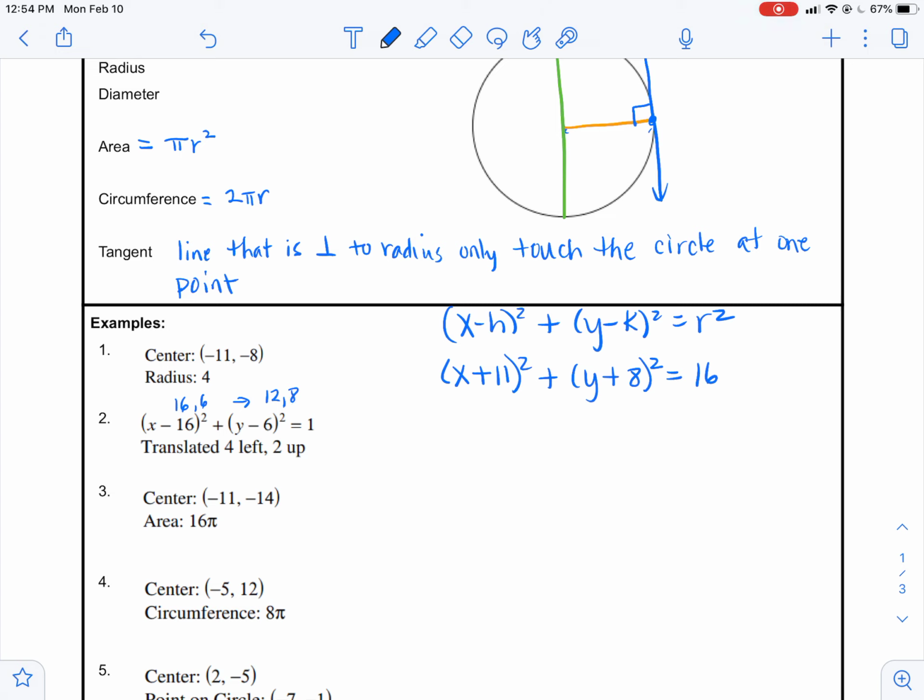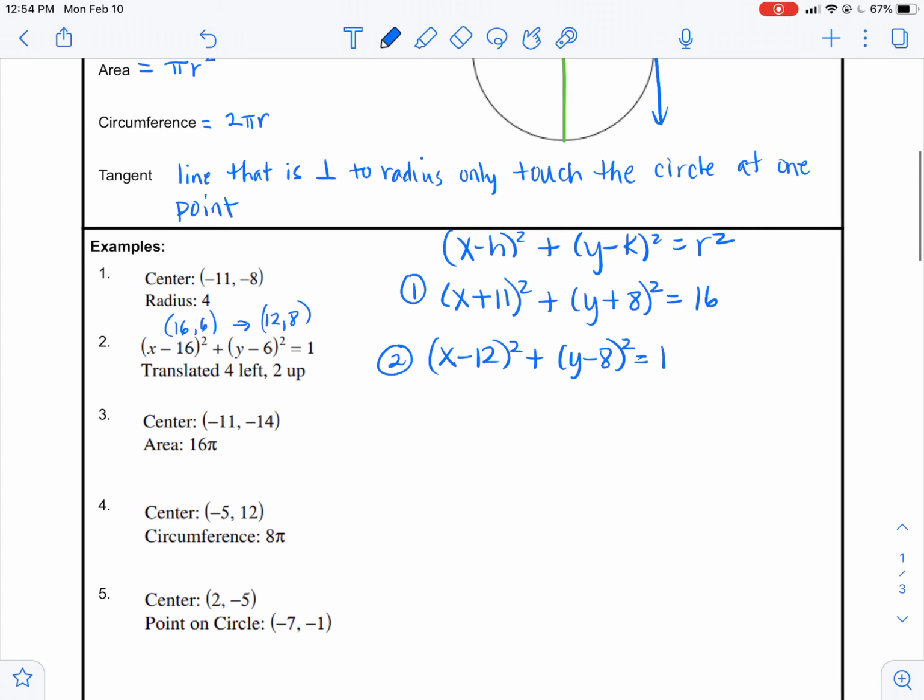Okay? So we are mapping it from (16, 6) to (12, 8). So now my new equation is going to be x minus 12 squared plus y minus 8 squared, and we didn't change the radius any, so it is still equal to 1. Okay? So I'm trying to give you a sample of each one.